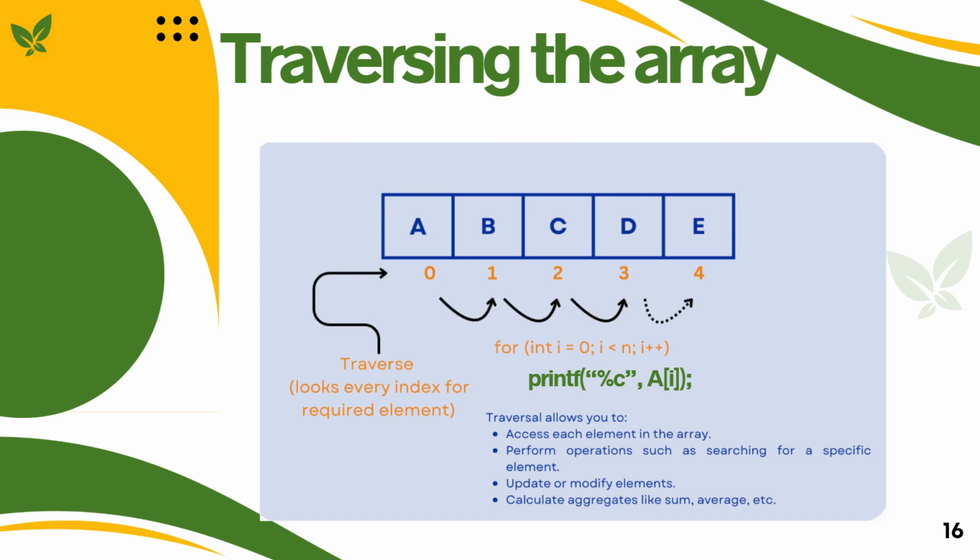Here you could see I have 5 elements in that array and I have used a for loop to traverse all the elements one after the other. The loop starts from 0 and runs till n, and I can access every element by navigating through this for loop.